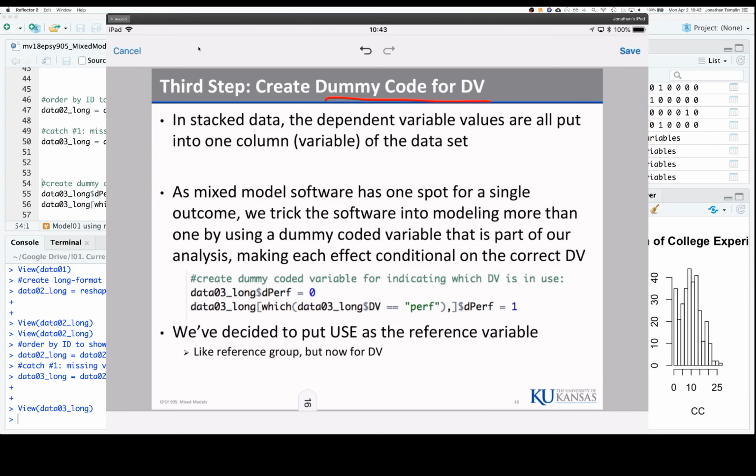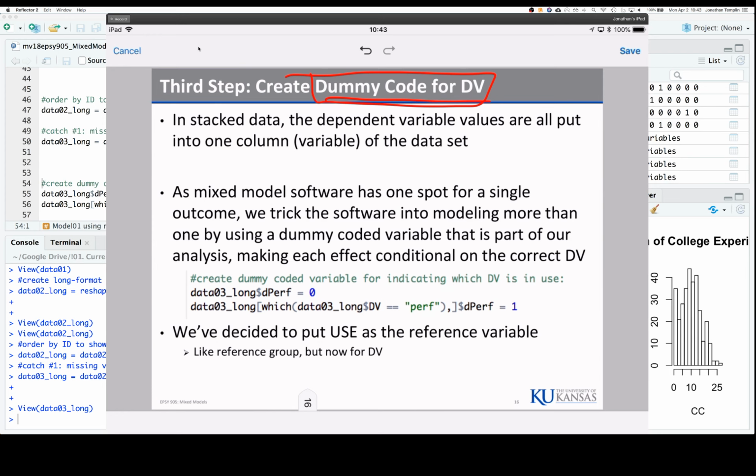So we're going to trick our dependent variable to really have two. And the way we do that is to create a dummy code variable that indicates which piece of data is contained on a given line or a given row of the data itself.